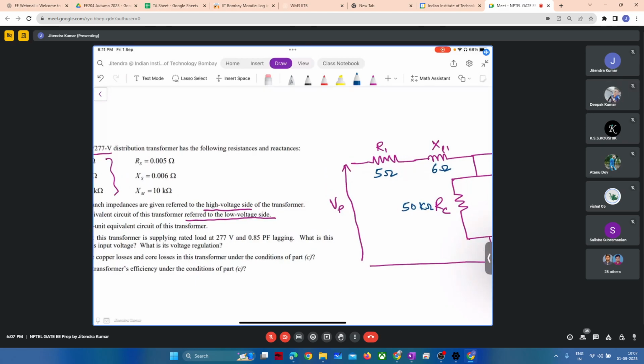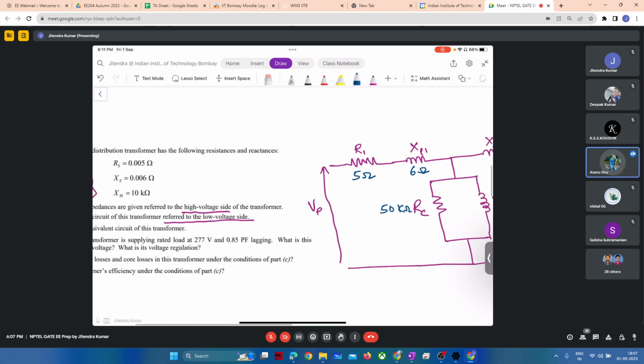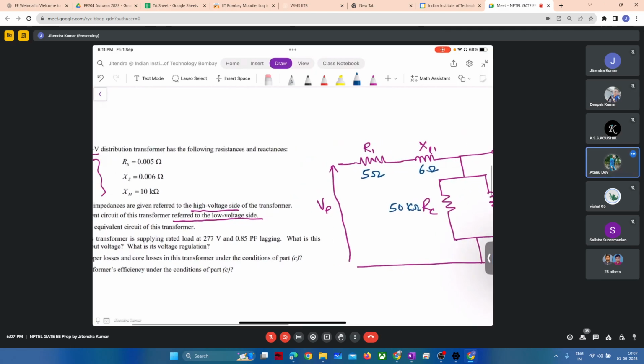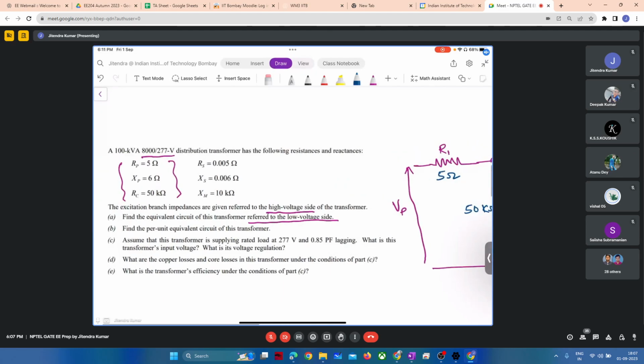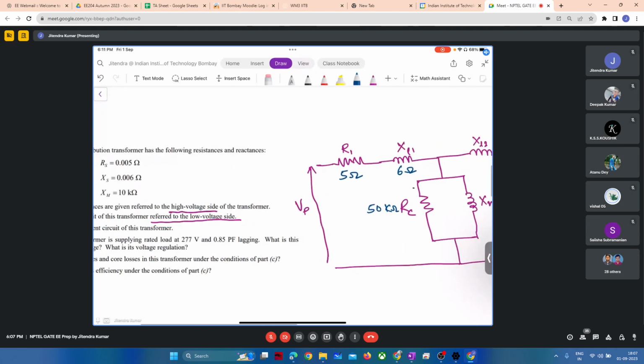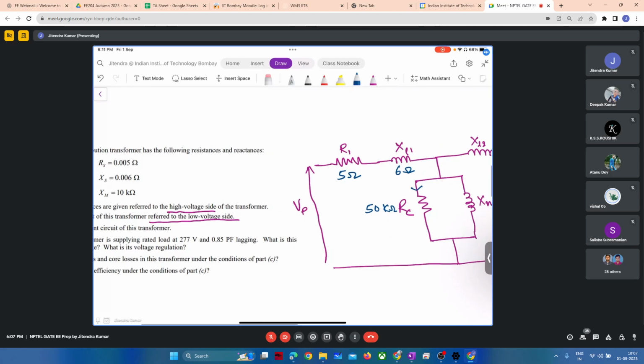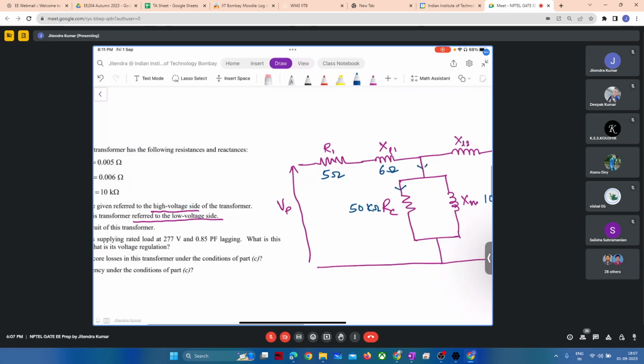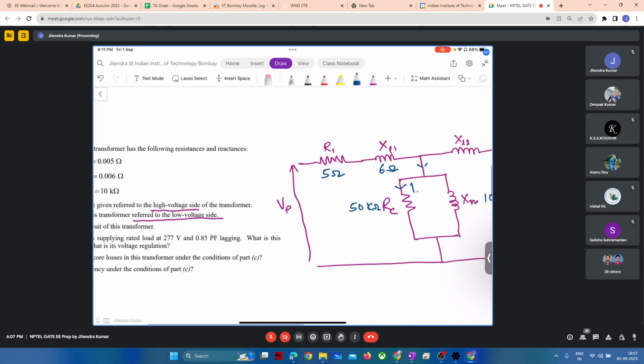That is correct, because if you are able to reduce the magnetizing current, it means you are improving the power factor of your transformer. Also, the core losses will be reduced. Yeah, definitely. Core losses will be reduced if you are able to reduce this component of current. This component IC, the core loss component, is a part of whatever current is flowing in the parallel branch or excitation branch.